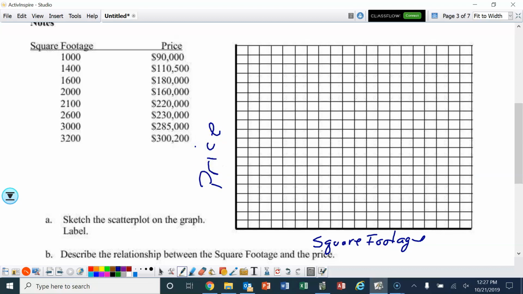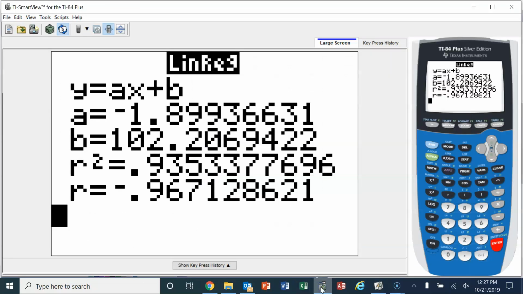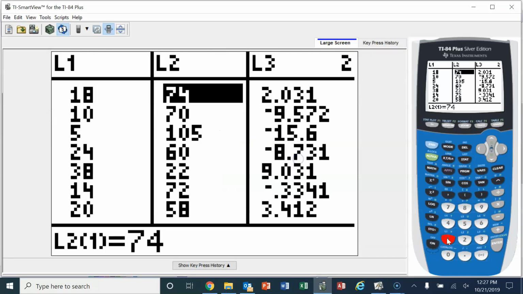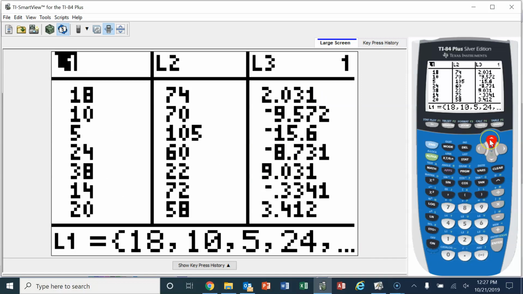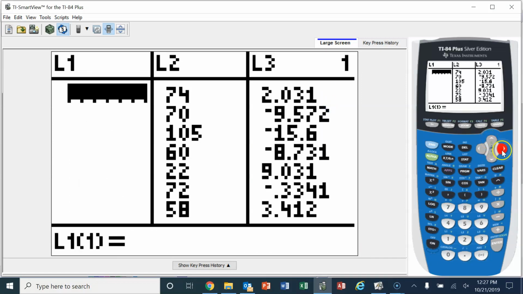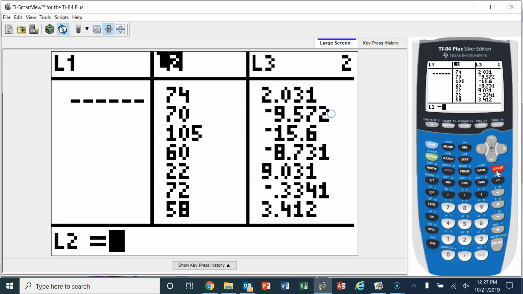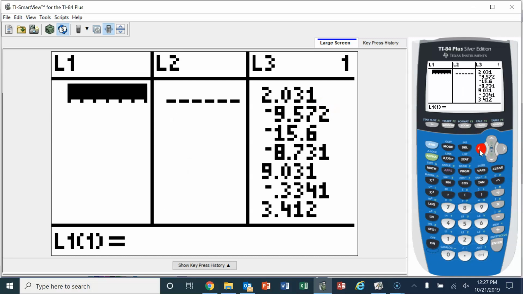All right, so let's take a minute and let's type these in. So go to your calculator, clear out list 1, clear out list 2. All right, I'm going to use the keyboard to type these in quick.